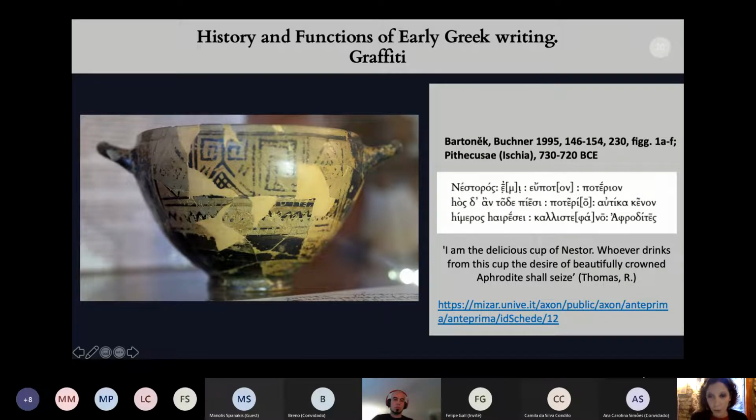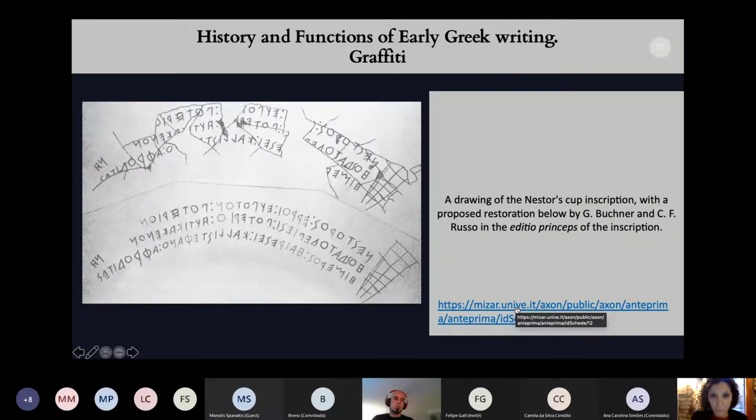I just put here a link to the Axon database if you are curious in the future and want to go deeper and see all the information about the cup. Here is the very first drawing of Nestor's cup in the Editio Princeps of Buchner and Russo, and again, the link to the epigraphical record. So we have to keep in mind that this is just an exception in our epigraphical landscape.